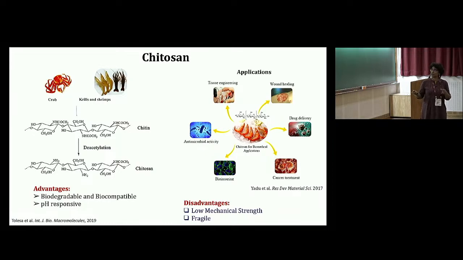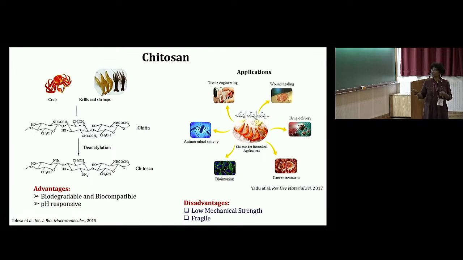This is chitin, and basically we deacetylate this, so instead of this group, you will have an amine group in chitosan. This is the structure of chitosan, and over the years, the literature has talked a lot about this material, after cellulose, because of its easy and abundant availability.